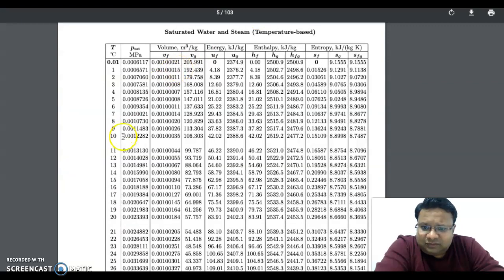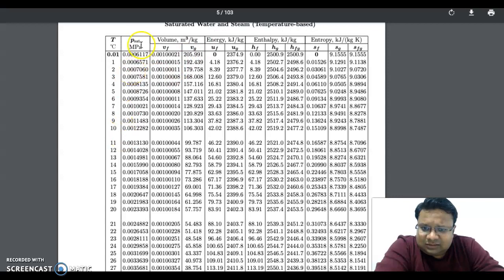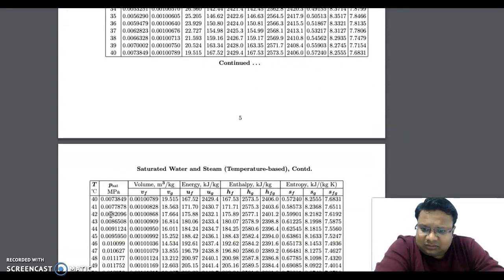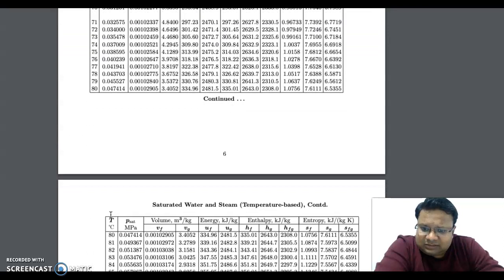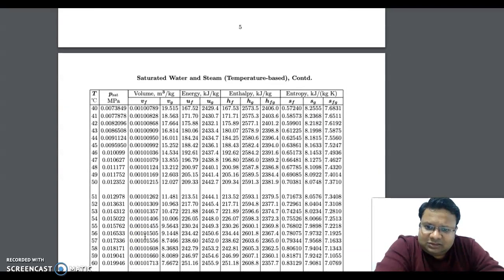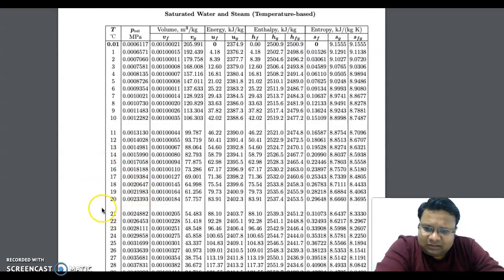I just want to emphasize that this is the saturation pressure at the specific temperature. So when we say water boils at 100 degrees Celsius, then across that 100 degrees Celsius the saturation pressure is somewhat 1 bar or 0.1 megapascal.